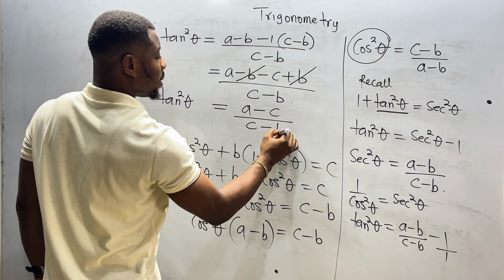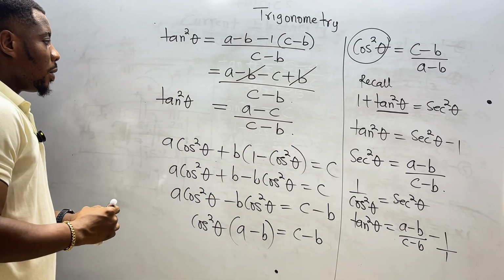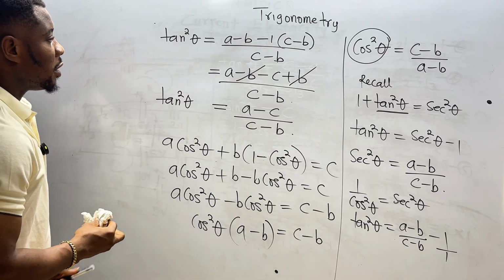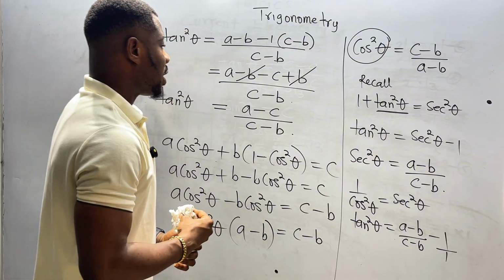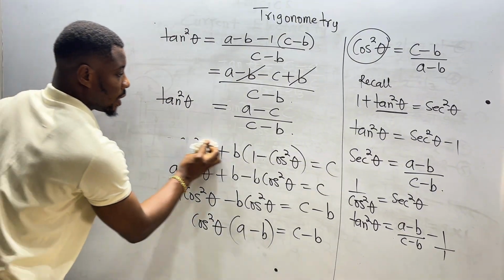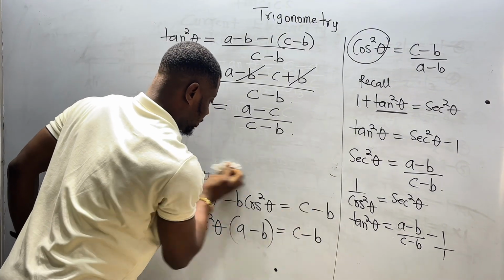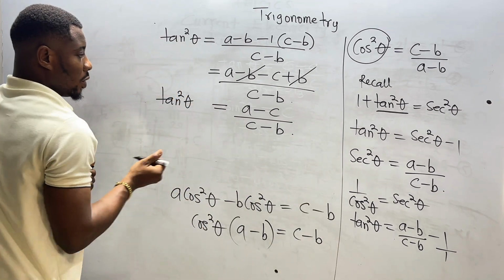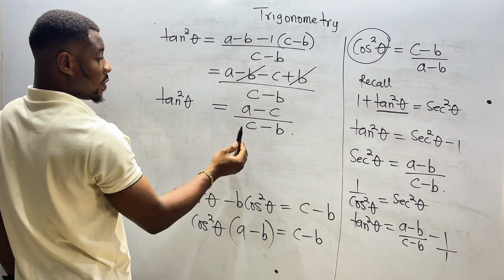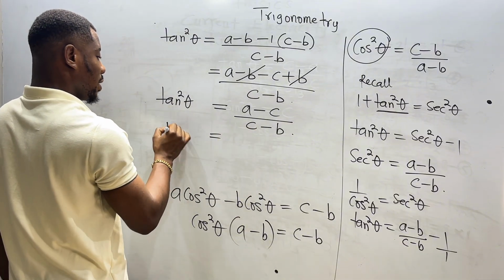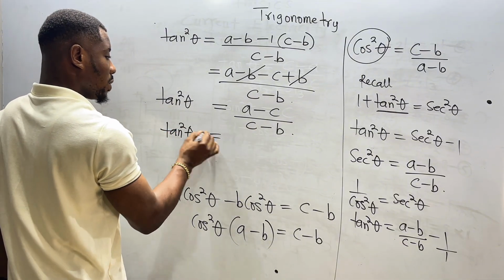Remember that the question says we should show that tan squared theta is equal to c minus a over b minus c. That's what the question said. So if I factorize a negative sign from both top and bottom, this is what I stand to have.